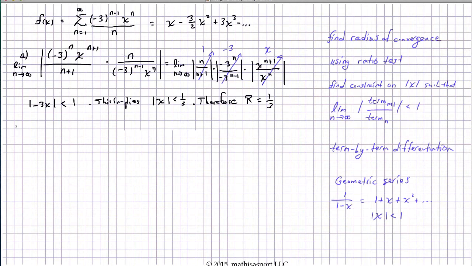Part B just relies on the fact that we can do term-by-term differentiation and integration for an infinite series. And so we're simply going to write out the first 4 terms, taking the derivative of each term successively.